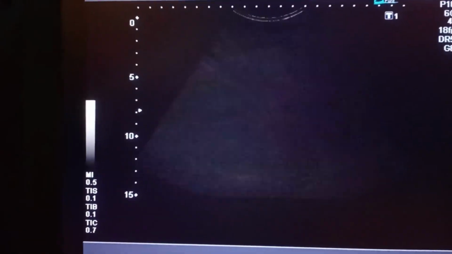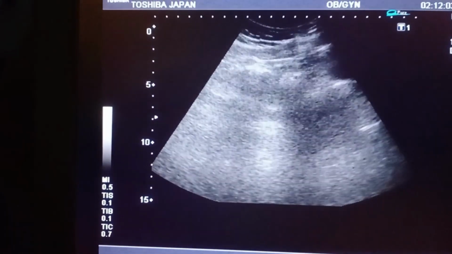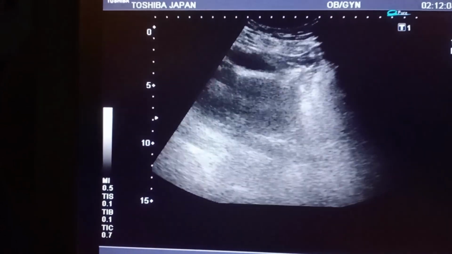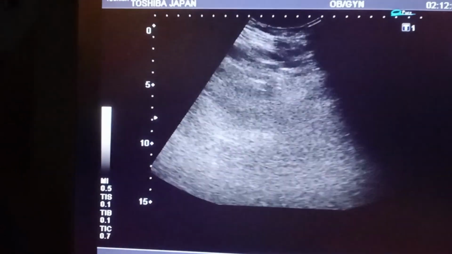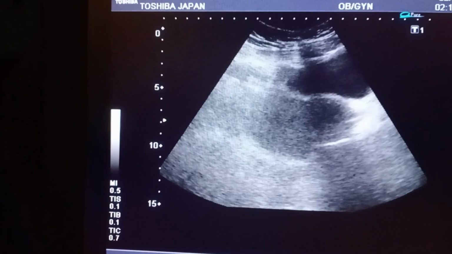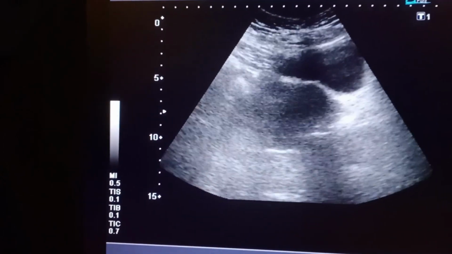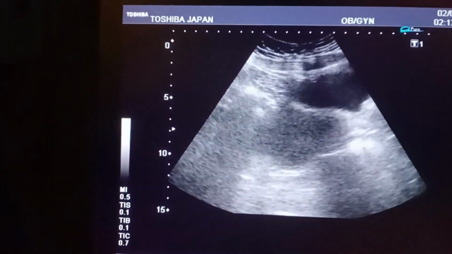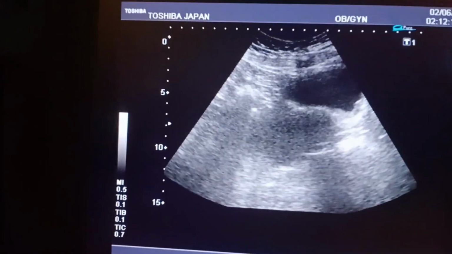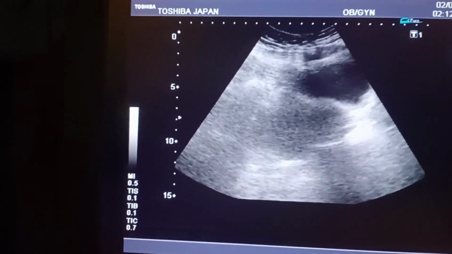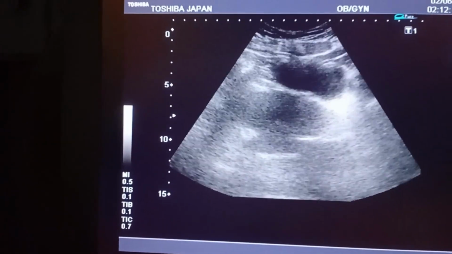Because on palpation of the abdomen on the right side, there is tenderness as well. Or when you do the ultrasound, you usually find the cystic swelling or mass in the right iliac fossa rather than streaks of fluid in the right iliac fossa.